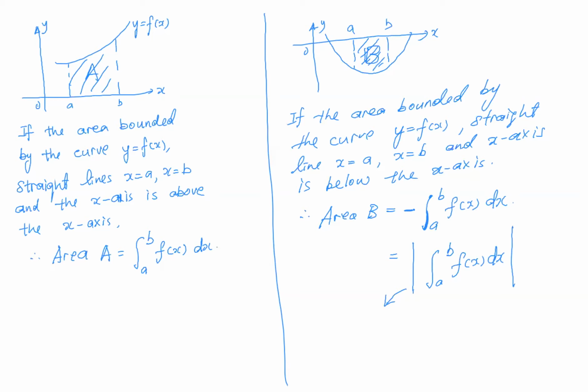It is always positive, so we call it absolute value. That means I don't care about the sign. The absolute value of -2 is 2. The absolute value of 2 also is 2. That is the meaning of absolute value.